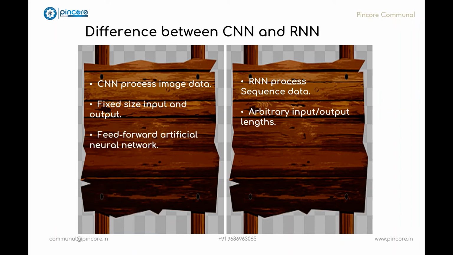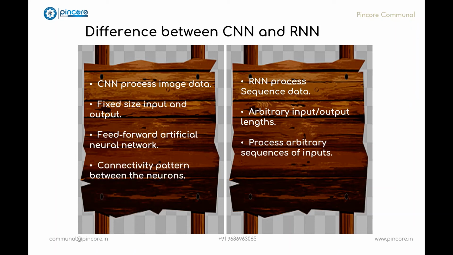CNN is a type of feed-forward artificial neural network with variations of multi-layer perceptrons designed to use minimal amounts of pre-processing. RNN, unlike feed-forward neural networks, can use their internal memory to process arbitrary sequences of input. CNNs use a connectivity pattern between the neurons.